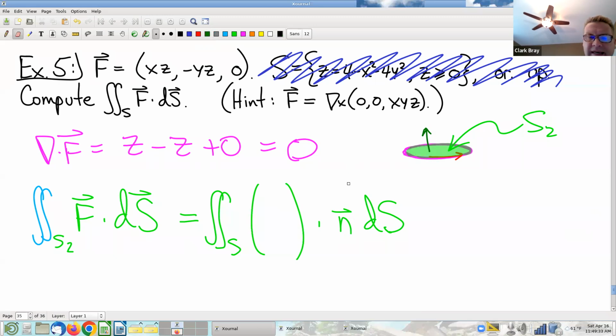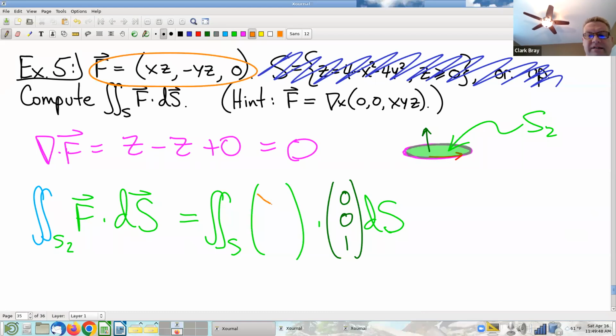So when we write it all down together, that normal vector being 0, 0, 1, our original vector field being xz minus yz 0, this just turns into 0, which is pretty sweet. Okay, so surface independence here was a huge win.